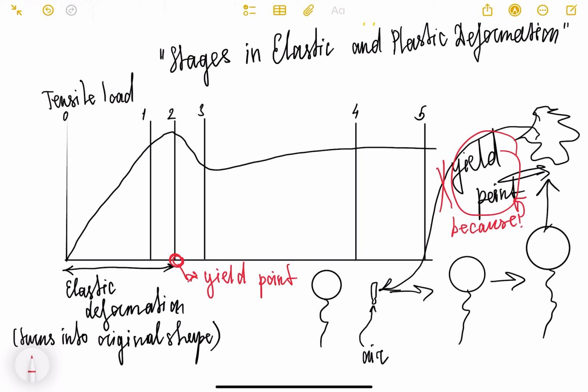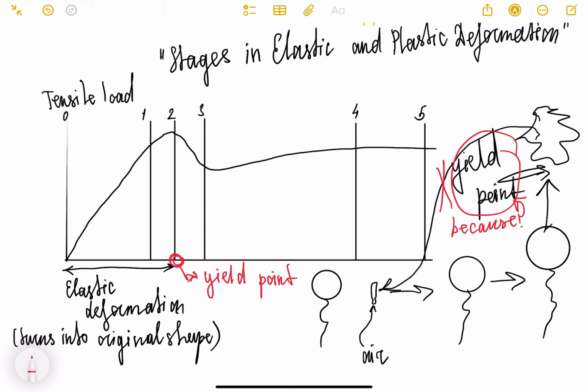Point 2, the elastic limit is reached. Beyond this point, the bar will no longer return to its original length. In many materials, the elastic limit occurs almost immediately after the limit of proportionality. And point 3.